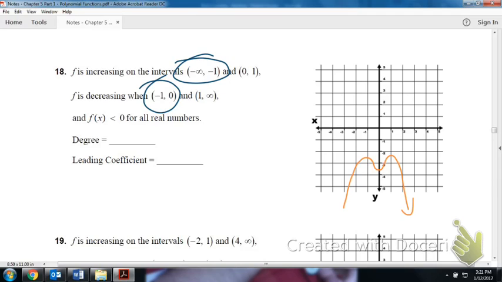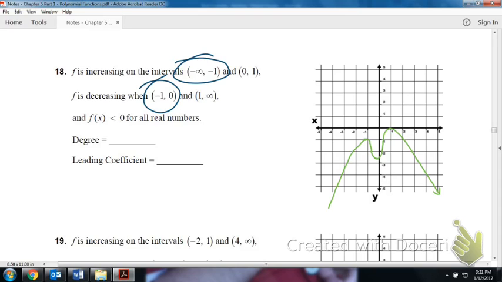It might be as extreme as this. All right. Either way, it could be any way you want it. But that's the general idea of what's going on.